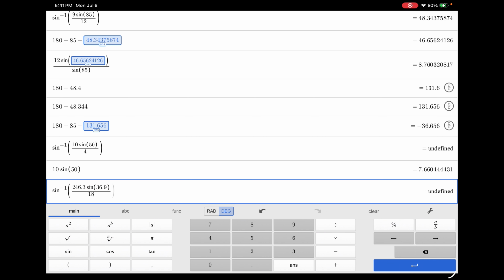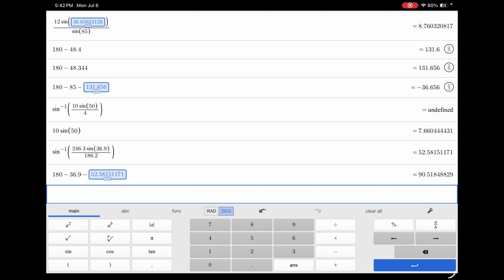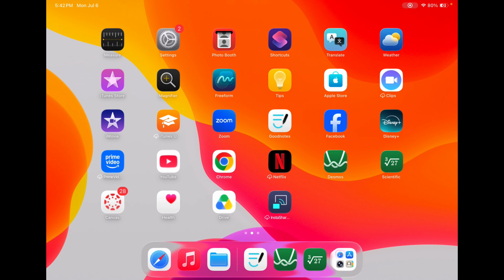Use that previous answer. I think that helps with your rounding. So 90.5, 90.518.